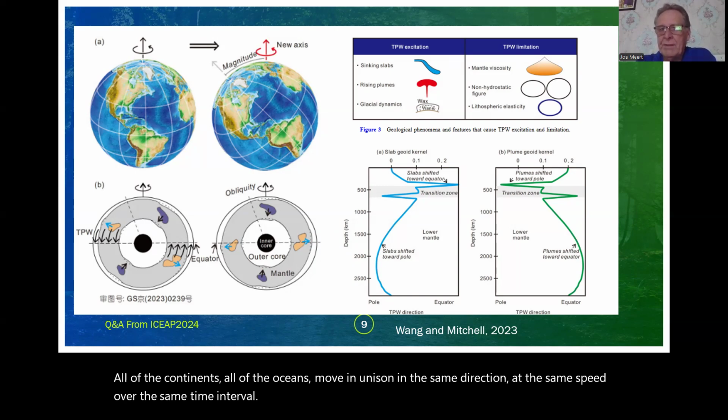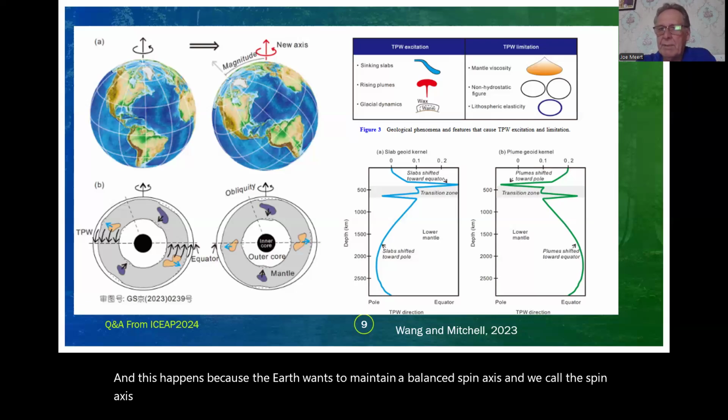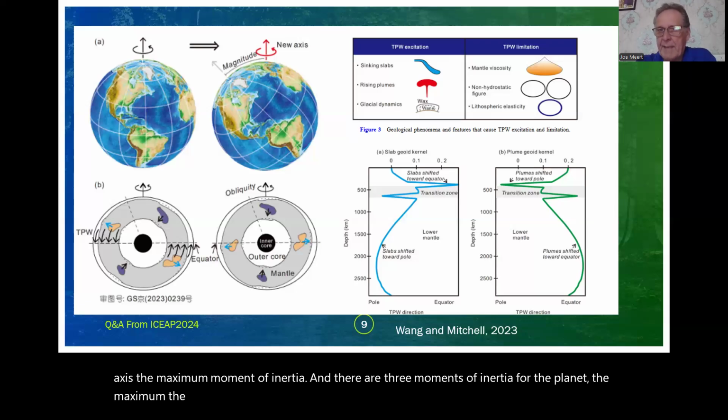And this happens because the Earth wants to maintain a balanced spin axis. And we call the spin axis the maximum moment of inertia. And there are 3 moments of inertia for the planet: the maximum, the intermediate, and the minimum axis. And those have an orthogonal relationship to one another.